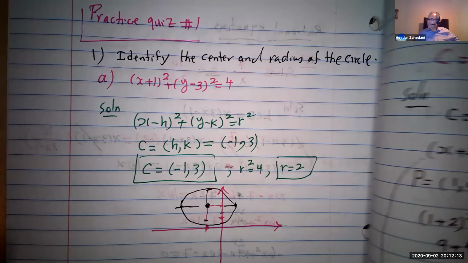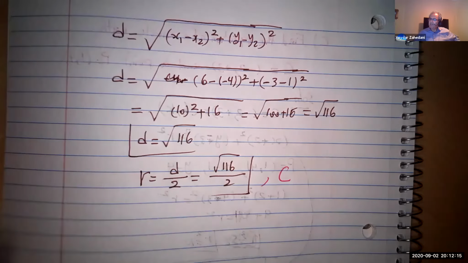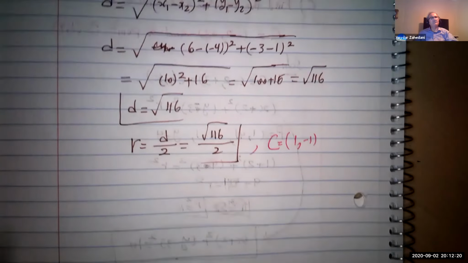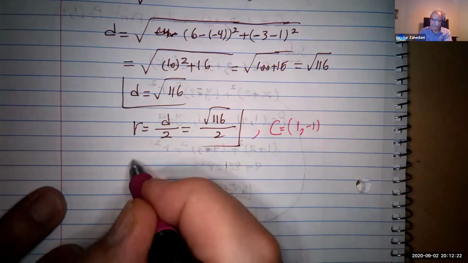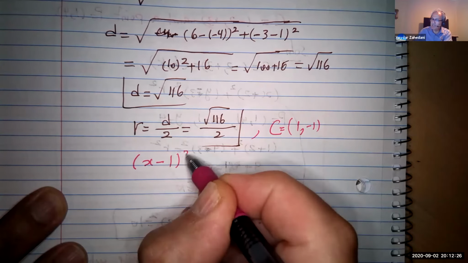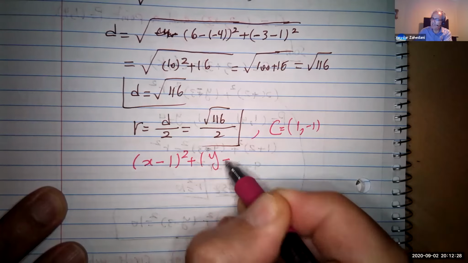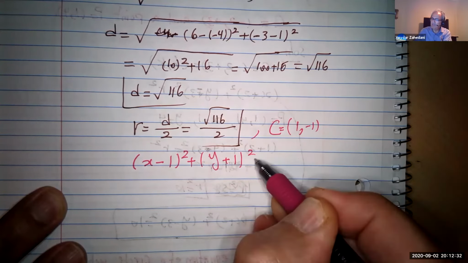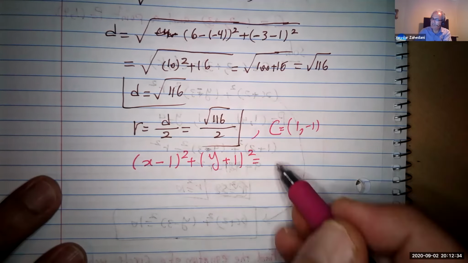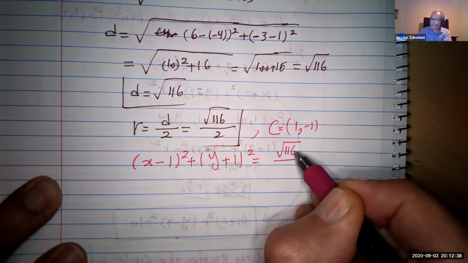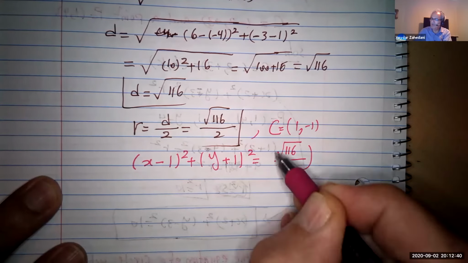Okay, and the center is 1, negative 1. So we are ready to give you the equation of a circle. X minus h, minus 1, all squared, plus y minus, negative will be positive, equal to r squared. R squared is the square root of 116 over 2 all squared.